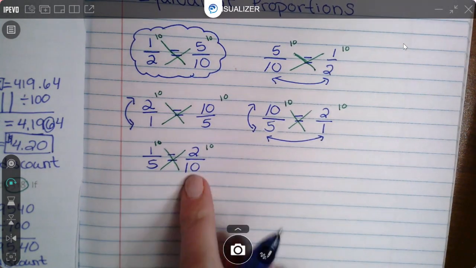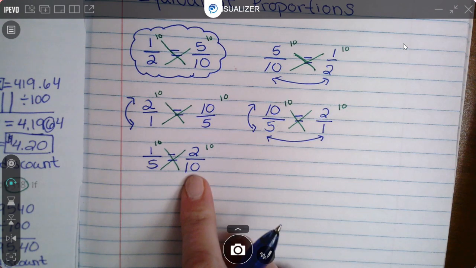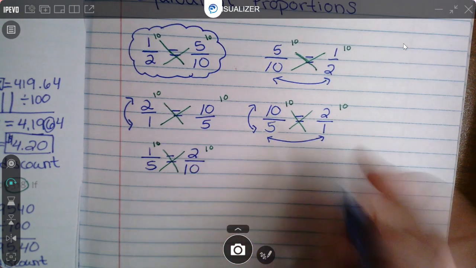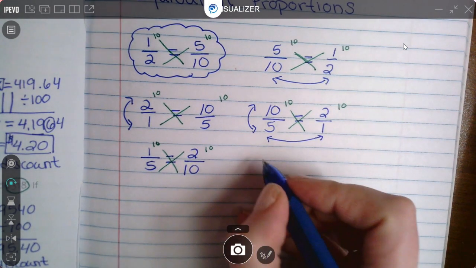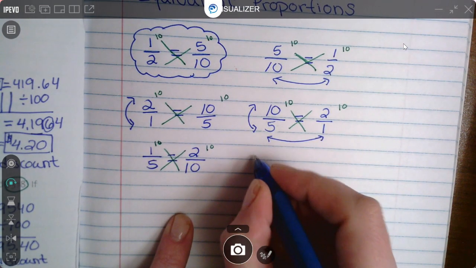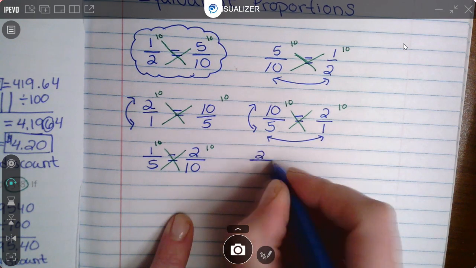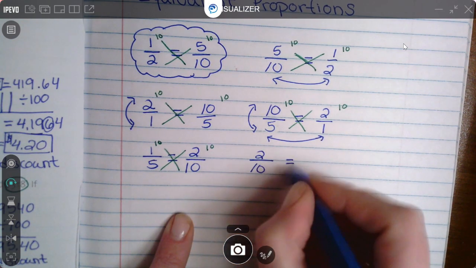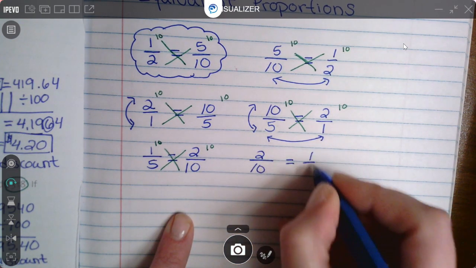All right, now that this is essentially my new starting point, I'm going to do the same thing. I'm going to flip things left to right. So if a ratio of 1 to 5 is equal to a ratio of 2 to 10, I could say 2 to 10 would then equal a ratio of 1 to 5.